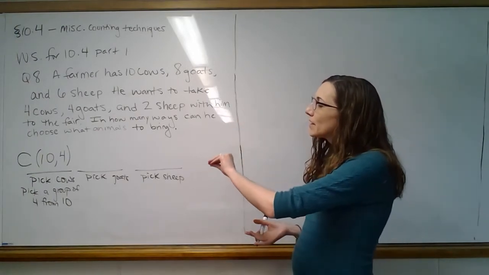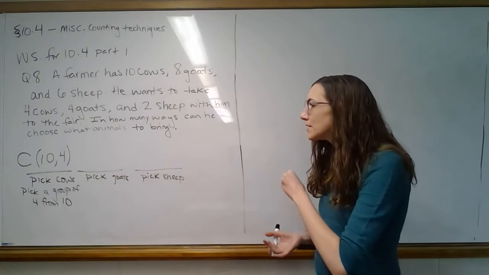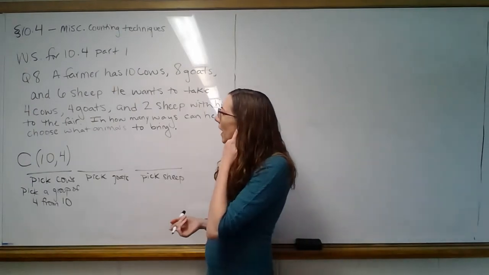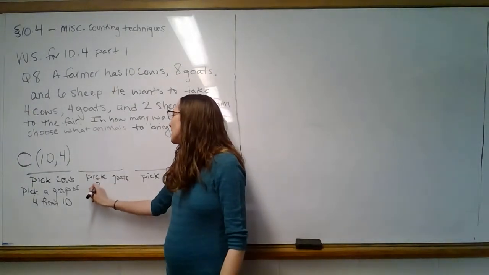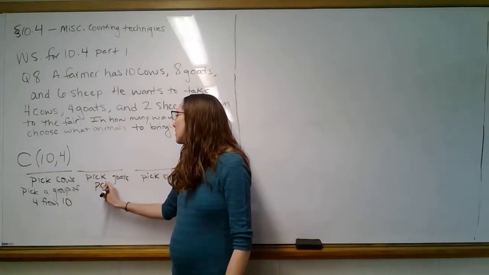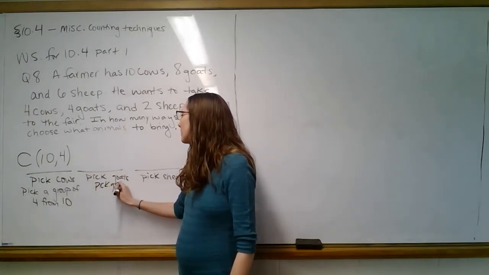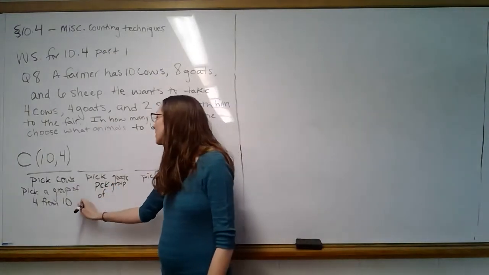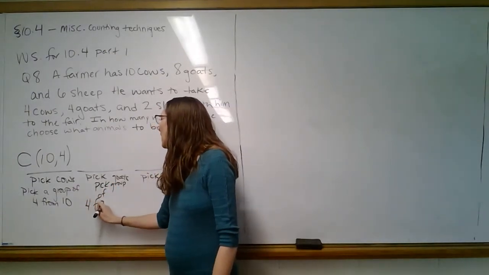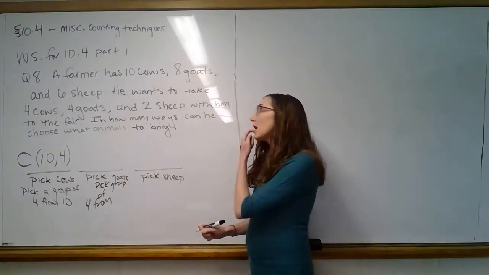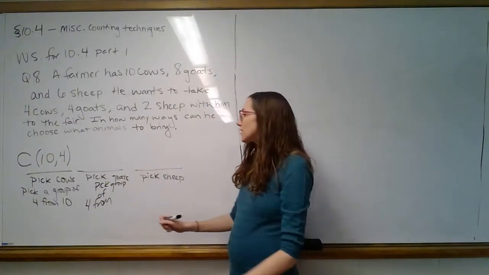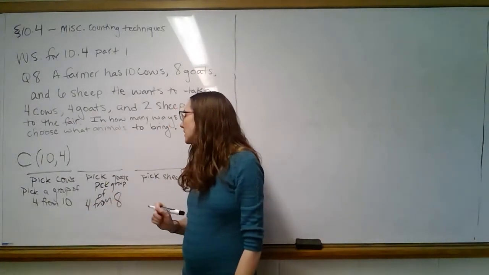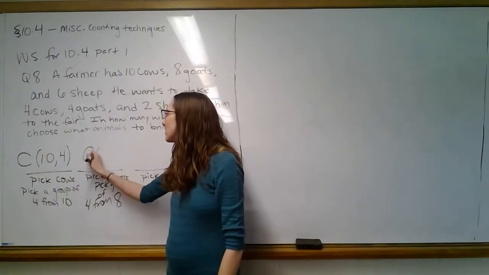Because beyond picking cows, he also needs to pick goats. Well, let's think about how he's picking goats. He needs to pick a group of, this time, also 4, but from the goats, and he has 8 goats. So he needs to pick 4 from 8.